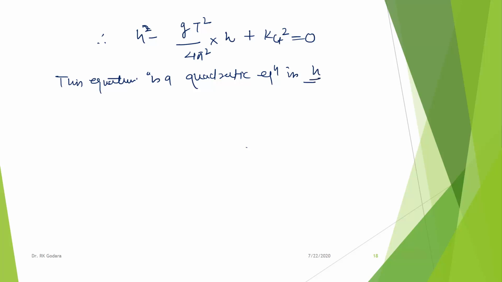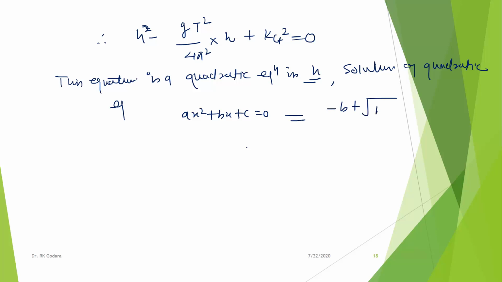We know that the solution of a quadratic equation, if the equation is ax square plus bx plus c equals 0, is x equals minus b plus or minus root of b square minus 4ac, over 2a.